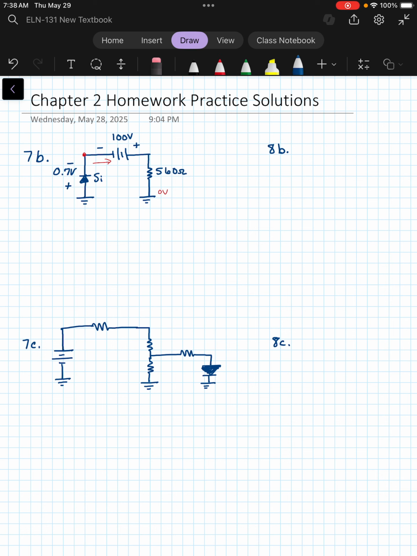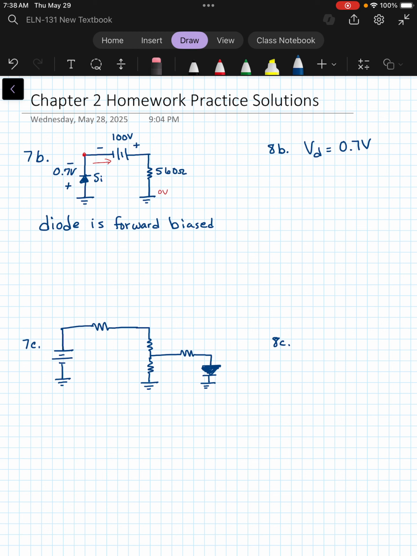So for that reason, the silicon diode is forward biased, which means there should be current through the diode. Okay, and then 8b, we're actually asked what the voltage is across the diode, and for a silicon diode, VD should be 0.7 volts.